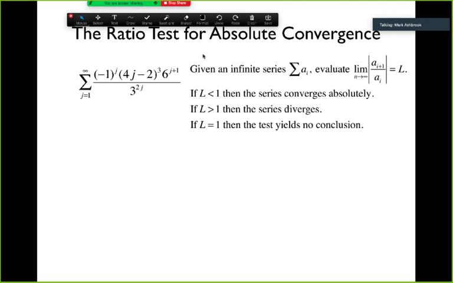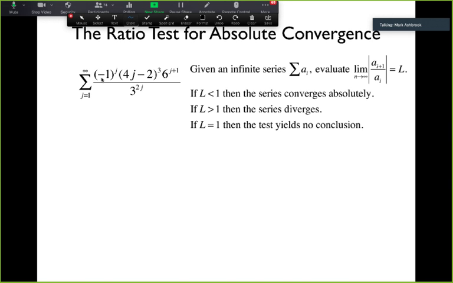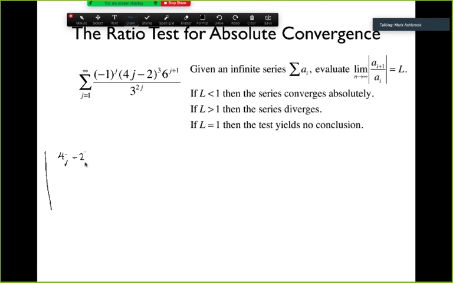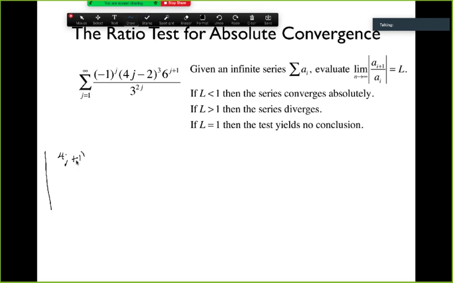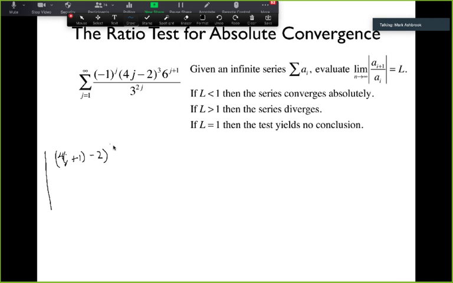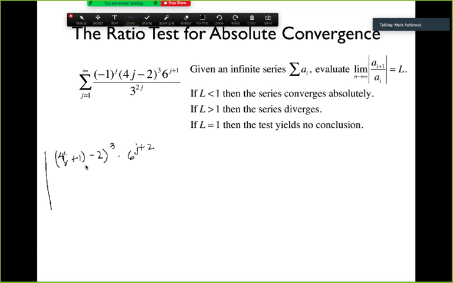All right, one more. More complicated? I want to do it. Here we go. So again, -1 to the j we can disregard. So I'm going to have 4j plus 1, minus 2 cubed, times 6 to the j plus 2, over 3 times 2j plus 1.